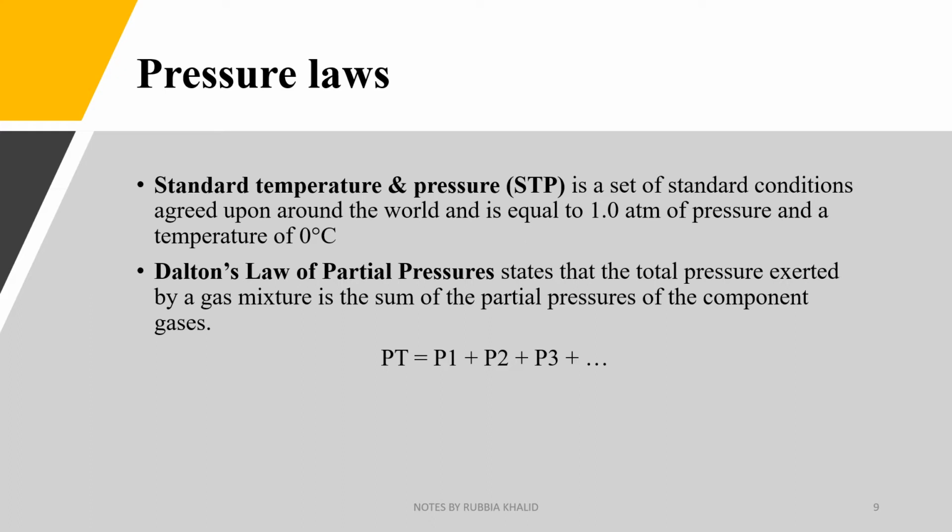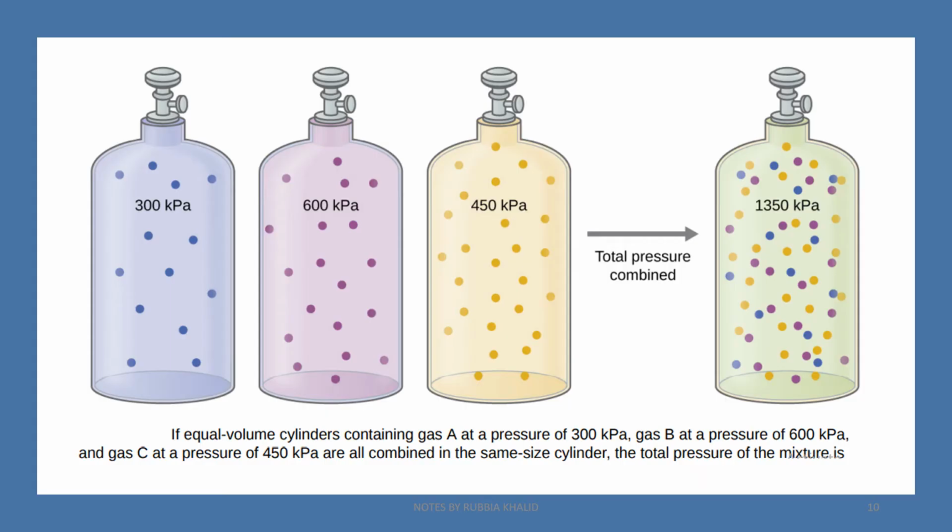Dalton's law of partial pressure states that the total pressure exerted by a gas mixture is the sum of the partial pressures of the component gases. So, you are given three cylinders.